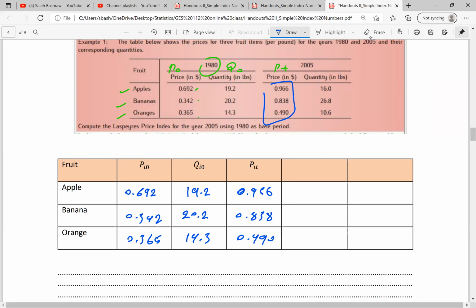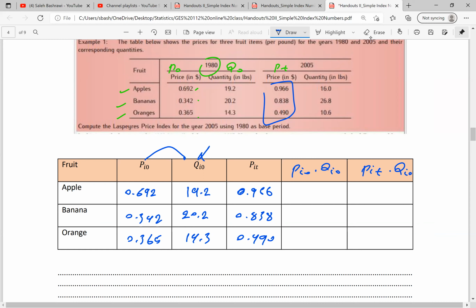We need to find Pi0 multiplied by Qi0, then we need to find PiT multiplied by Qi0. We are using the quantity at the base time.